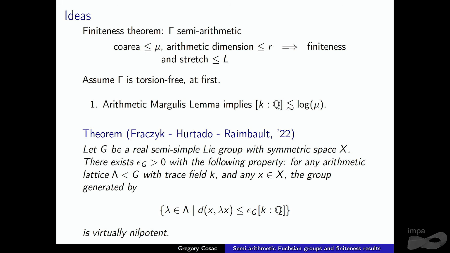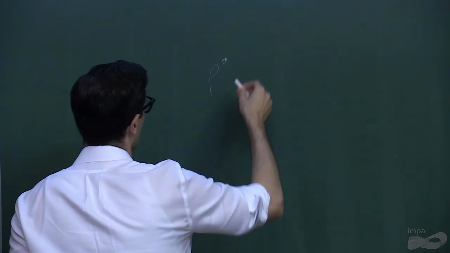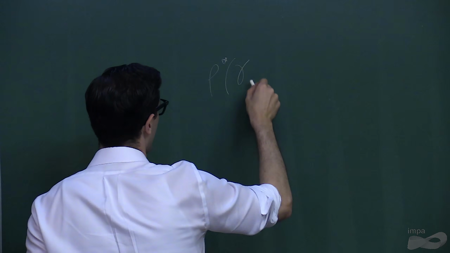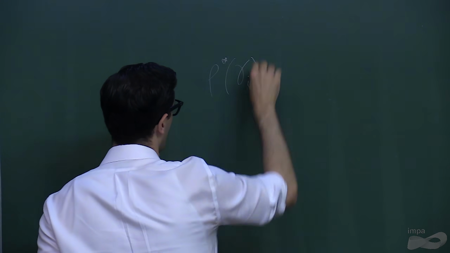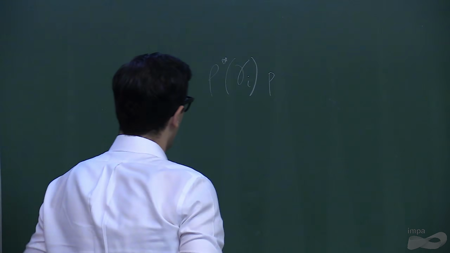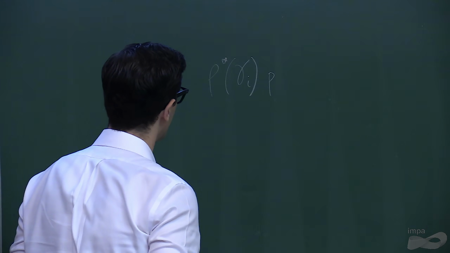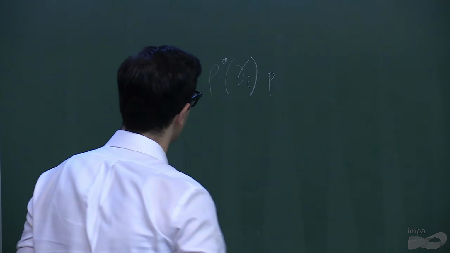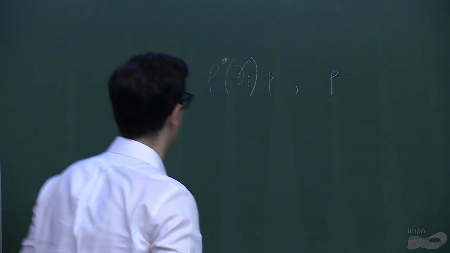So perhaps I should write this here. You have rho star of gamma_i of p, and p, this distance.